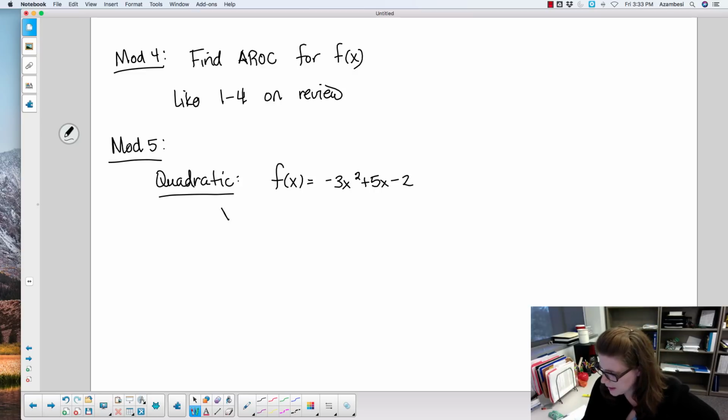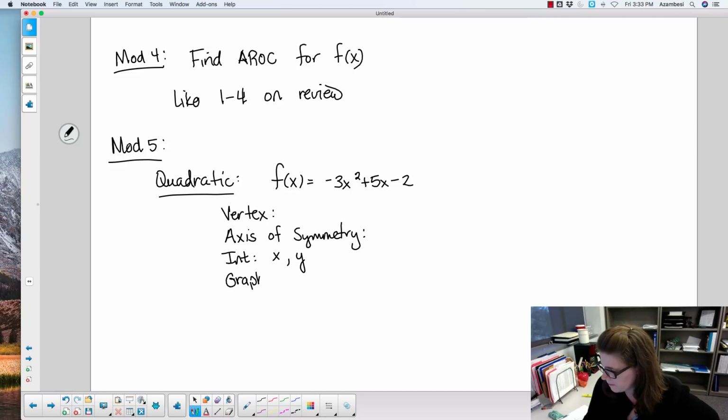As far as what I'm going to ask you for, I'm going to ask you for the vertex, the axis of symmetry, the intercepts, could be x and y, and then I'm going to ask you to graph it.